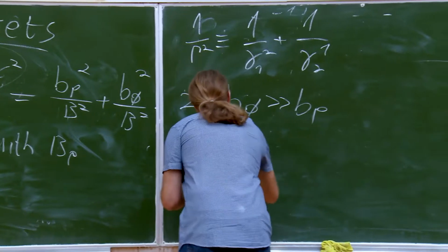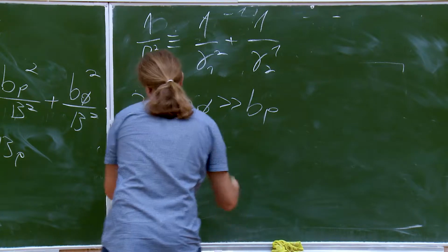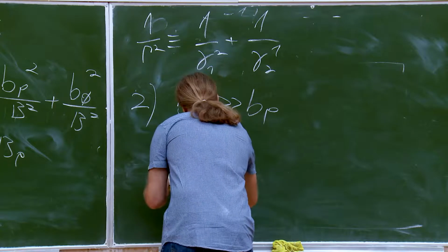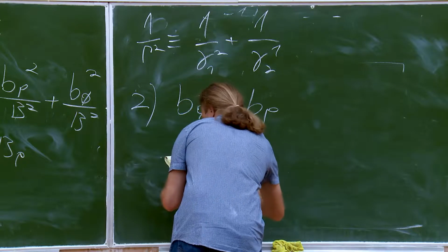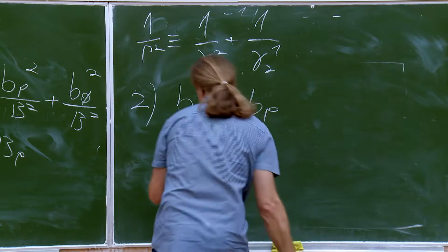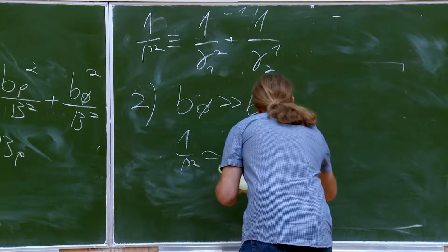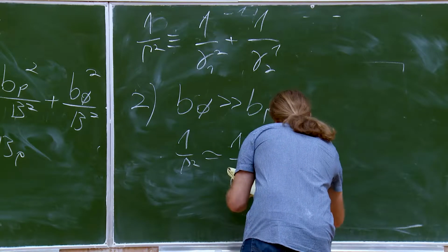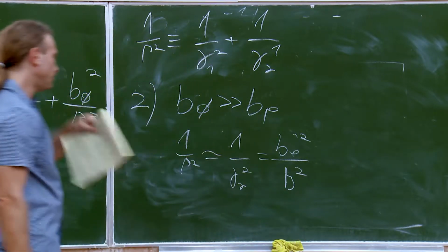So 1 over gamma square is roughly equal to 1 divided by gamma 2 square, which is equal to B phi square divided by B square.